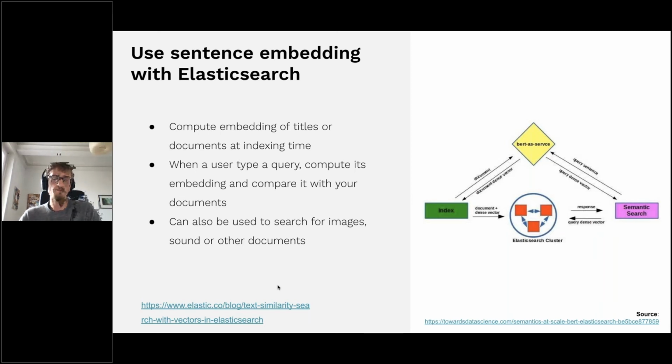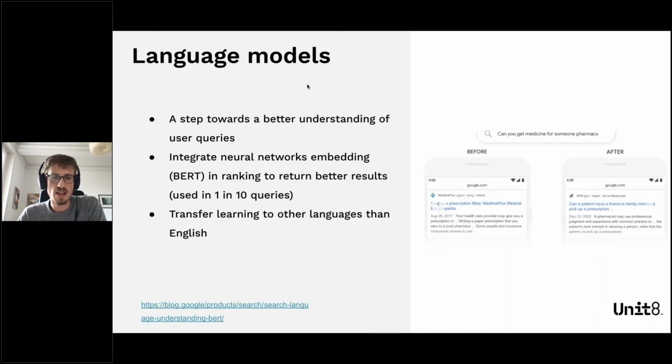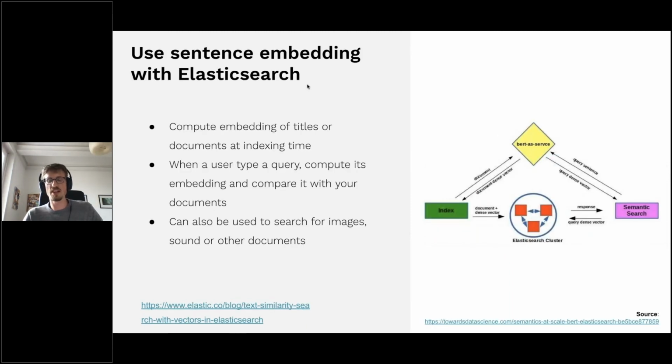So you can turn your documents into vectors that are the dense vector that is representing the meaning of the phrase, and then you're going to be able to match it against all the titles of your documents.